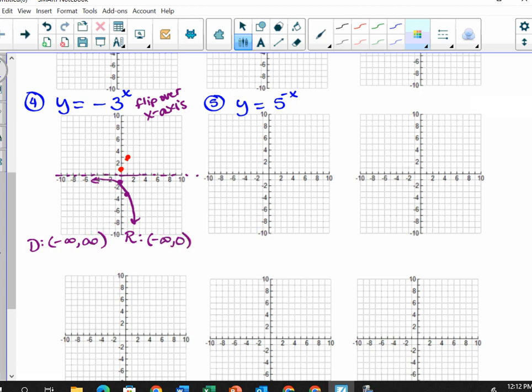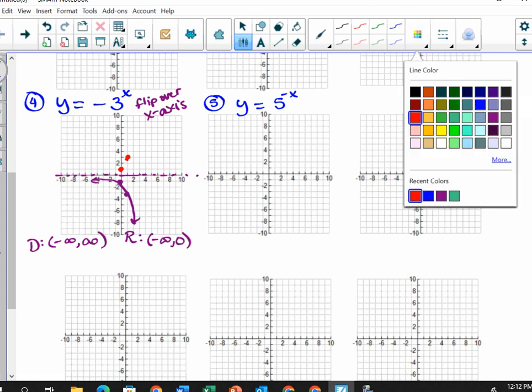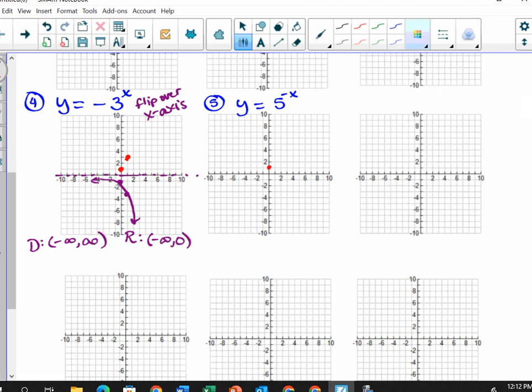All right, so what are our 2 points we're starting with? Okay, so 0, 1, 1, 5. Okay. The negative's not in front this time. It's up there with the x. So what is it doing? Yeah, flipping over the y-axis.